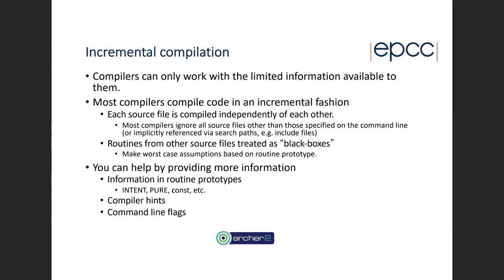So compilers are limited in what they can do, partly because they have limited information available to them. Most compilers work in an incremental fashion in the sense that each source file is compiled independently of each other.